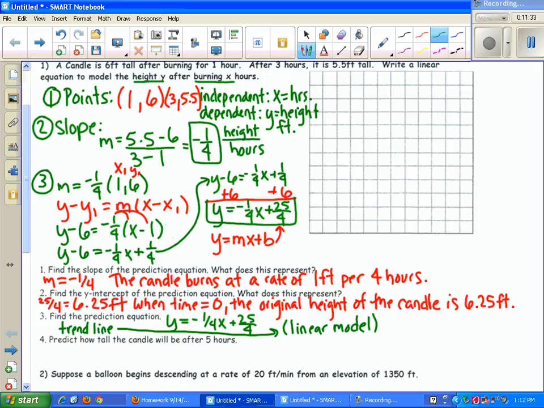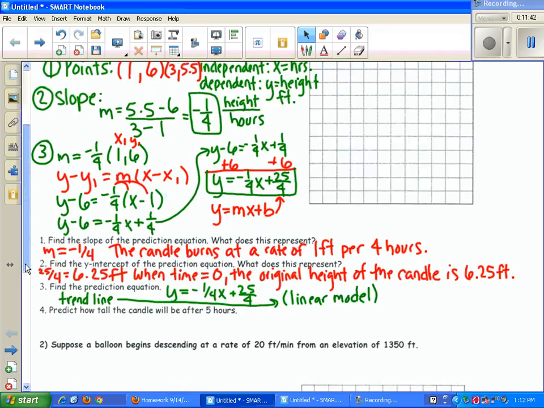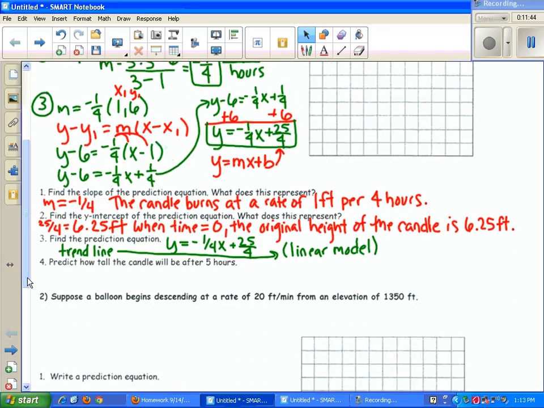So for question number 4, it says predict how tall the candle will be after 5 hours. So if I want to predict how tall the candle is going to be after 5 hours, well, I have my equation. Hours is my x variable, so that means when x is equal to 5, we are trying to figure out what y is equal to. So I just need to go ahead and plug that into my equation.